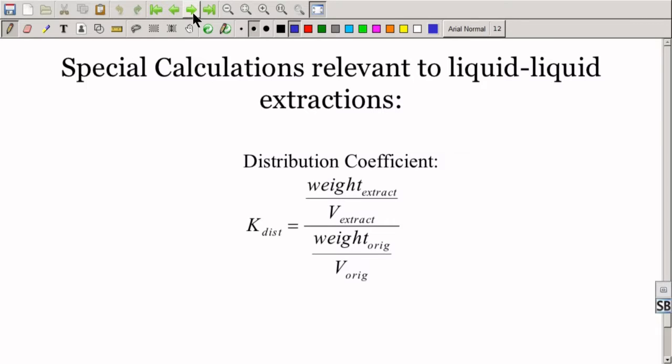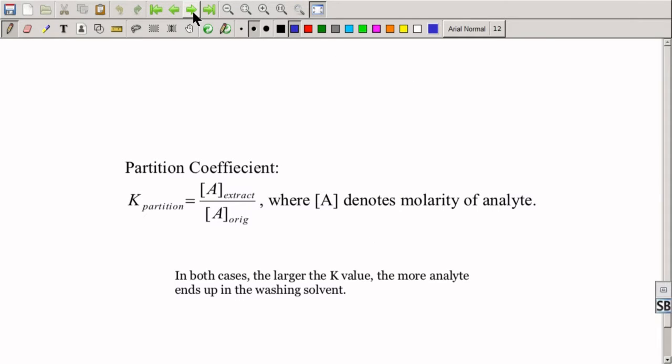Anyway, there are several ways that we can calculate what goes on within a liquid-liquid extraction. One is called the distribution coefficient that focuses on weight. What analytical chemists are much more inclined to look at is what's called the partition coefficient, where instead of having weight over volume, you have moles over volume.